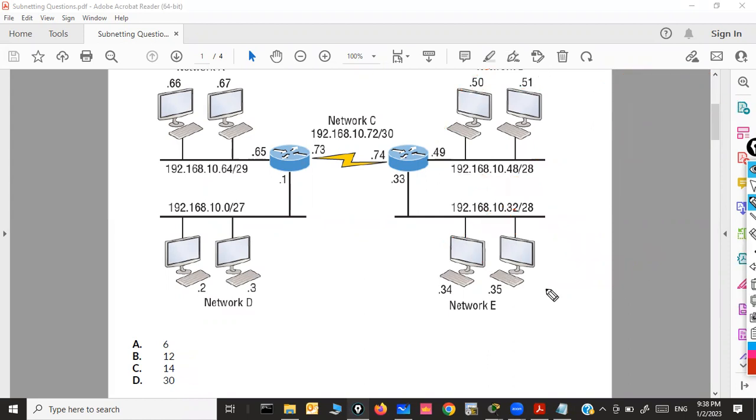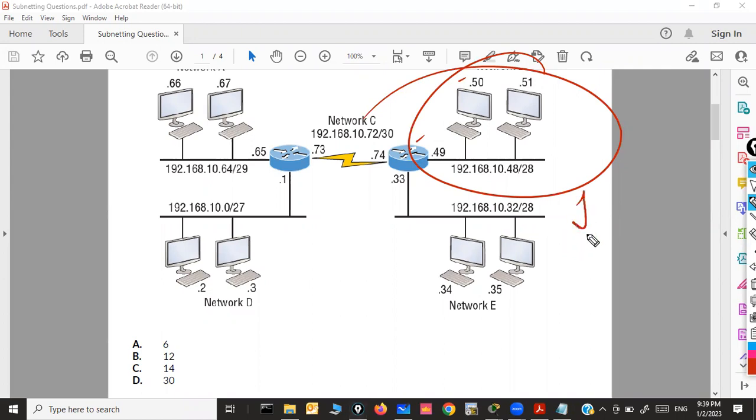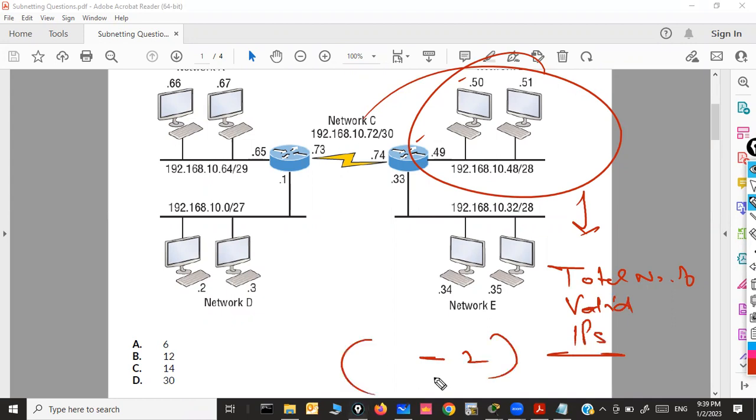Do you have any idea how we can find the answer? We're not interested in used or unused IPs. We want the total number of valid, usable IPs, excluding 2, of course, the first and the last. Any guesses?